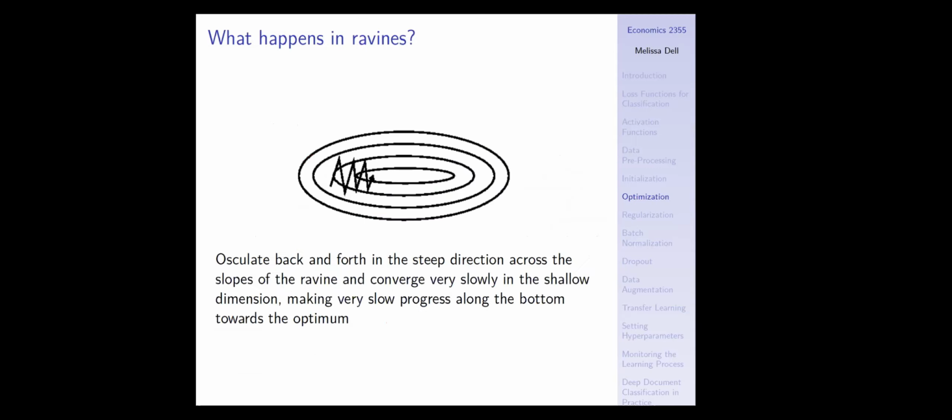Okay, so we can think about this now assuming that instead of having just one input in a function, which we can visualize in 2 dimensions, we have 2 inputs, and we're visualizing this in 3 dimensions with these contour curves where the circles represent places with the same output. This has been drawn so that there's one direction that's very steep, and another direction that's sloping very smoothly.